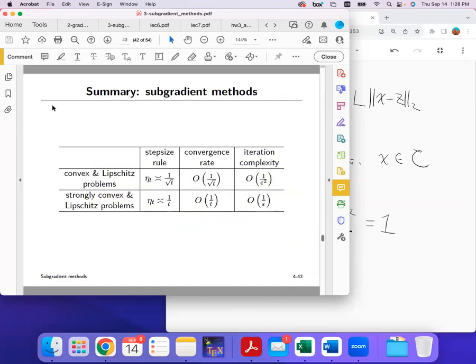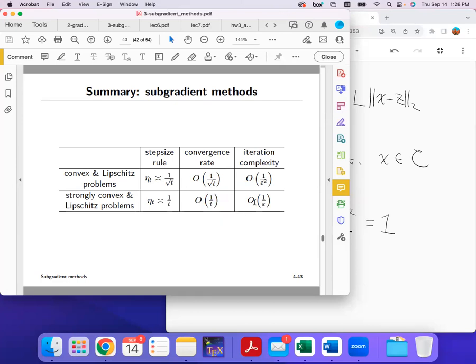Okay, and then we can summarize the subgradient methods. For convex and Lipschitz problems, we pick this step size, and we have this convergence rate, 1 over square root of t. For strongly convex and Lipschitz problems, we pick a 1 over t step size, and the convergence is faster, 1 over t.